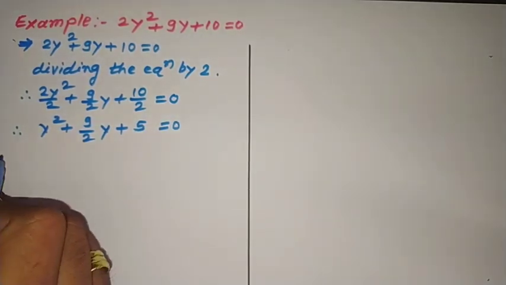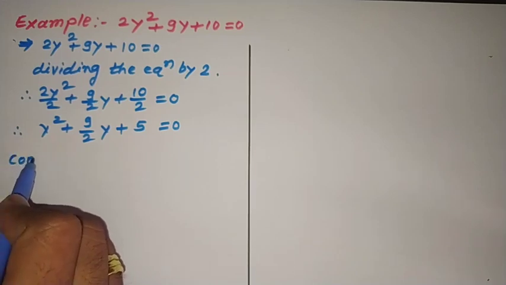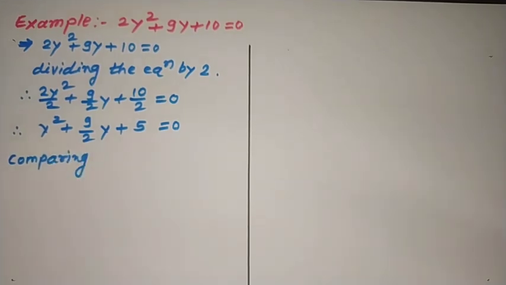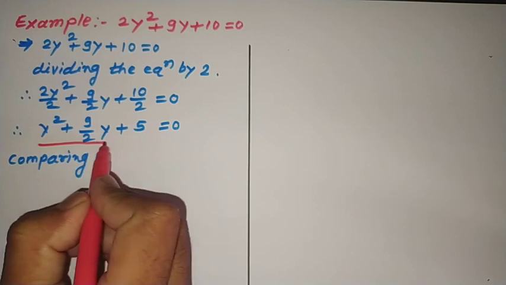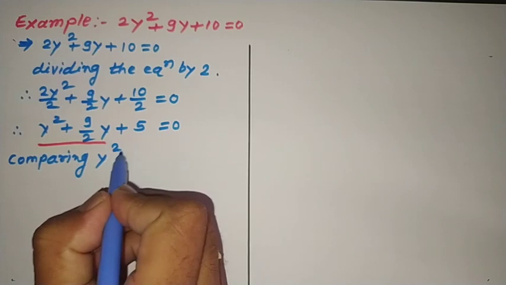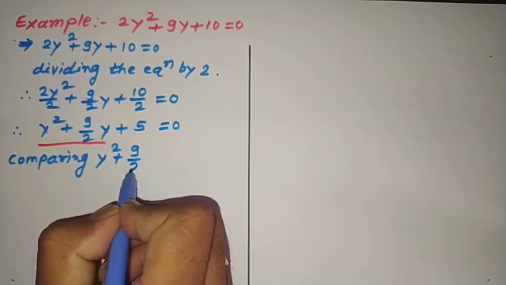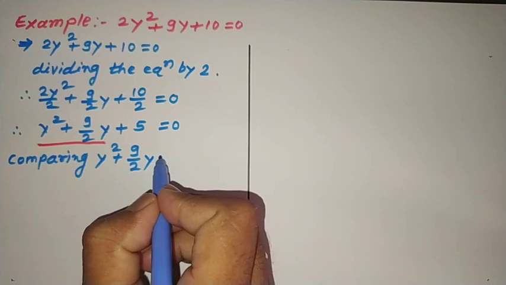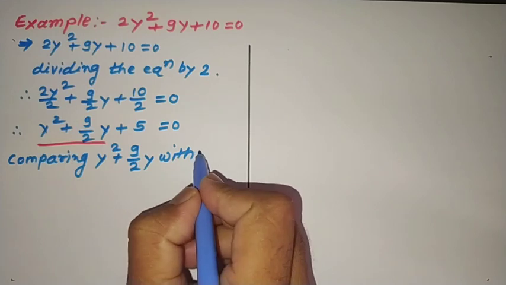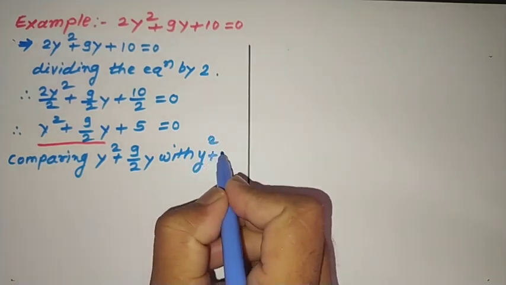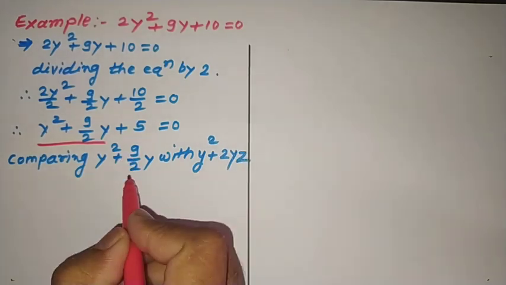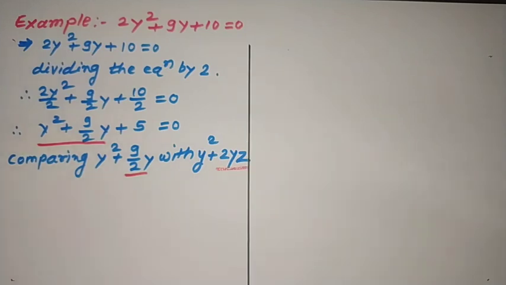Comparing the two terms of the left hand side, y square plus 9 upon 2y with y square plus 2yz.